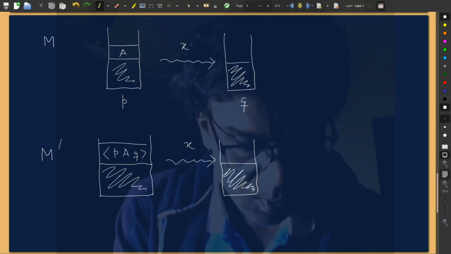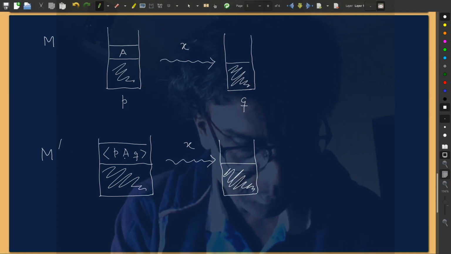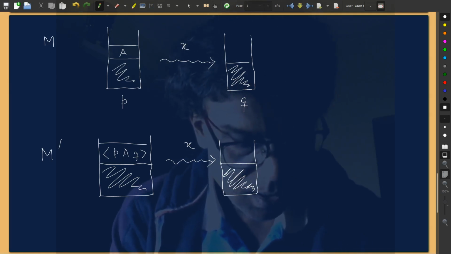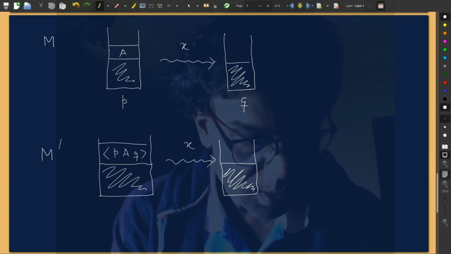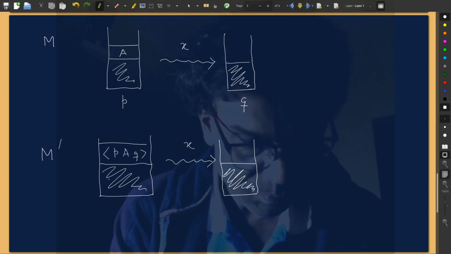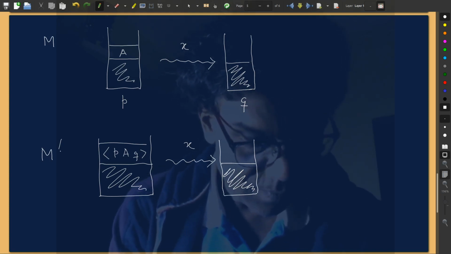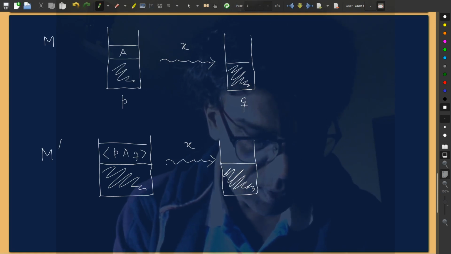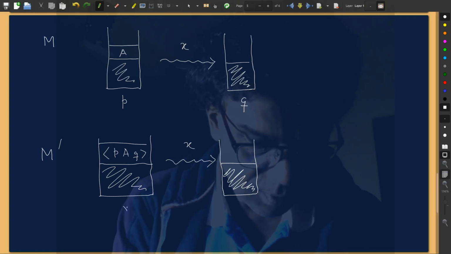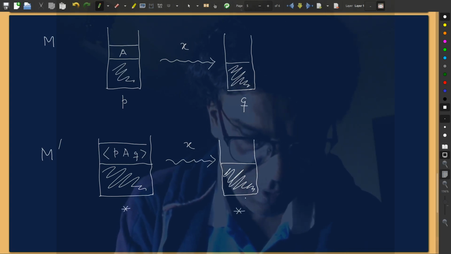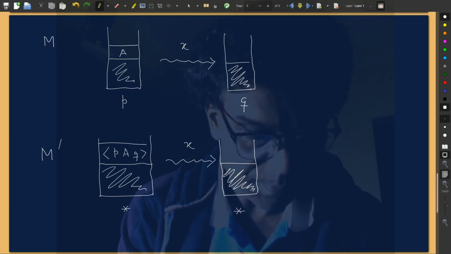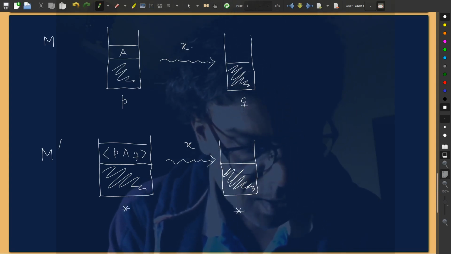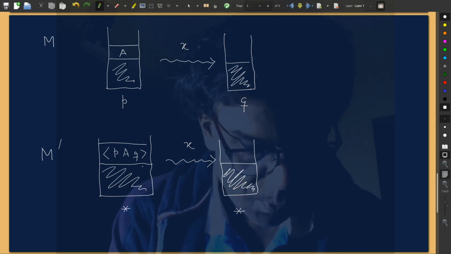So this is how M prime simulates M. Starting from P, it can go to state Q, but the only effect on the stack is the removal of this A. Correspondingly, if M prime has P A Q, it reads the same string X, and the only effect is removal of this. Anyway, the state is here star, state is here star. This is not an important thing. So if and only if M has a situation like this, M prime will have a situation like this.